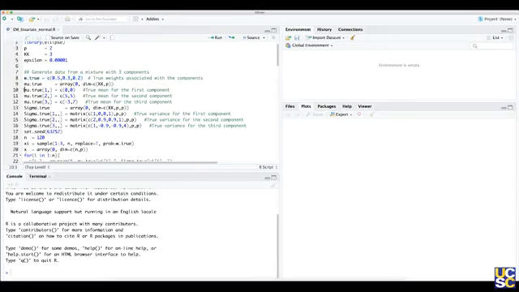The means for the normal distributions are, and because these are bivariates, now I need to report vectors of means. So the first mean is 0, 0, the second mean is 5, 5, and the third mean is minus 3 and 7.